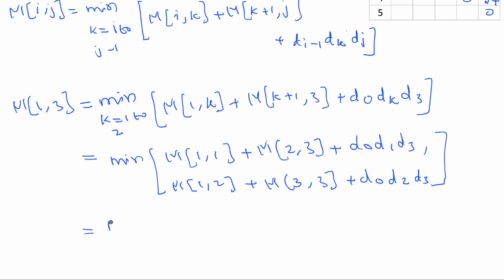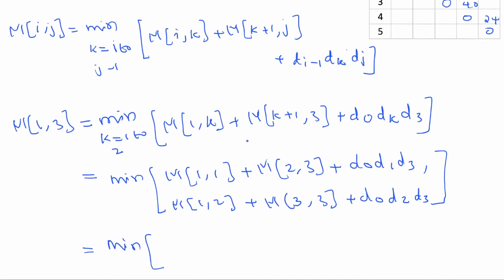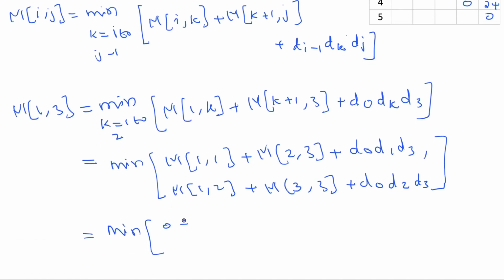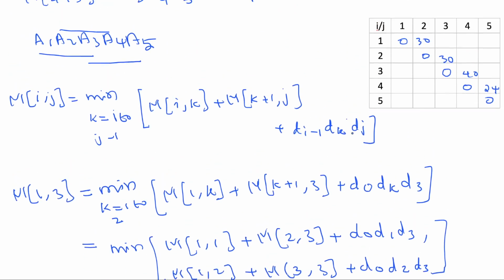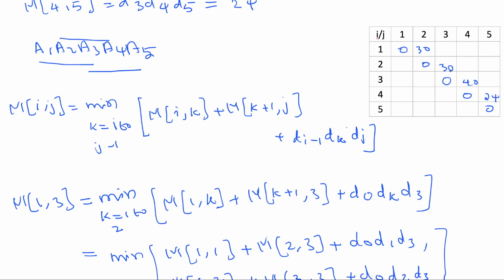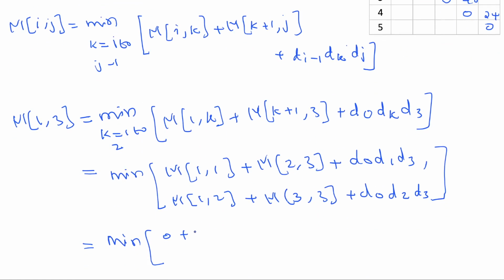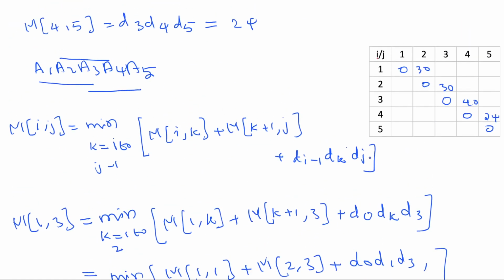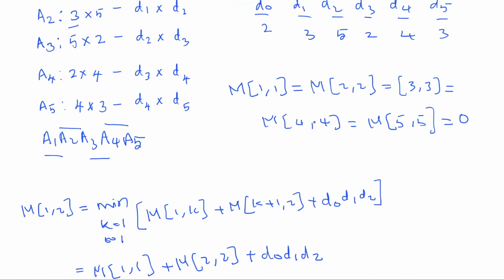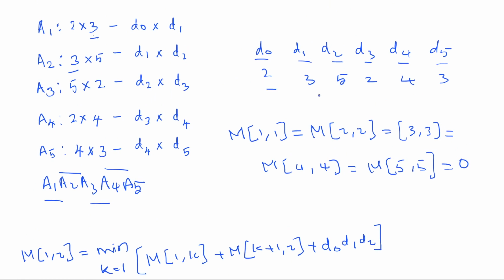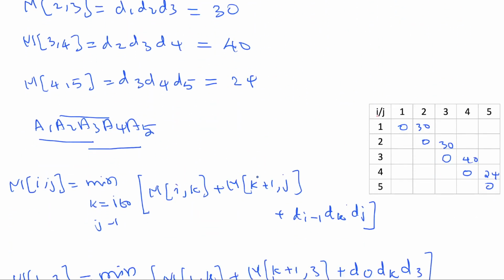Now we will choose the minimum of m of 1,1 which is 0, plus m of 2,3 which is 30, plus d0 d1 d3. d0 is 2, d1 is 3 and d3 is 2, so we have 6 into 2, that is 12.